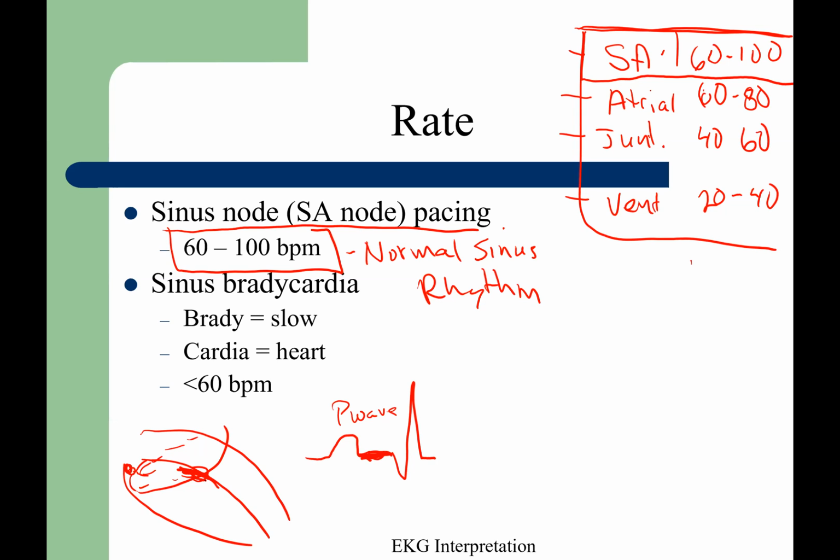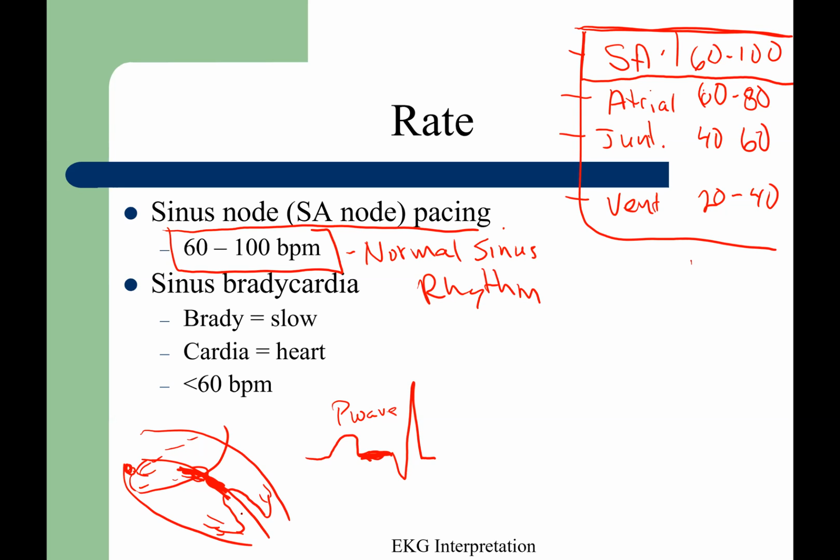When we see the QRS complex, that tells me the signal has gone through the AV node, down the bundle of His, into the left and right bundle branches, and then out to the Purkinje fibers.